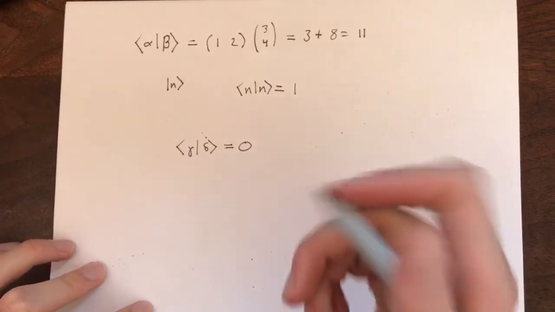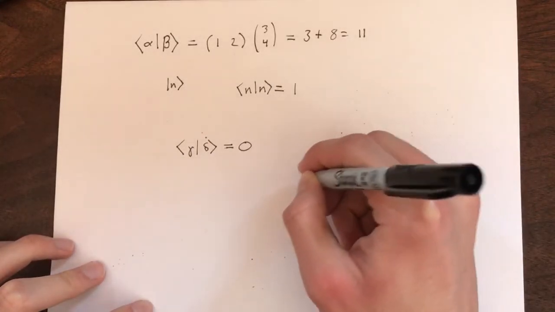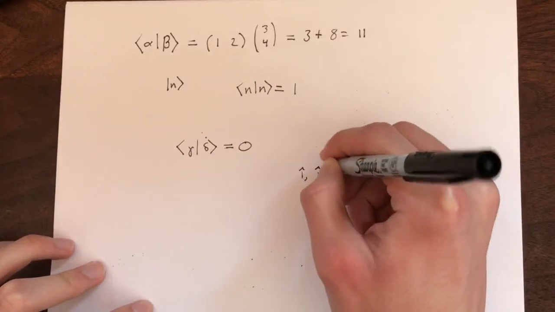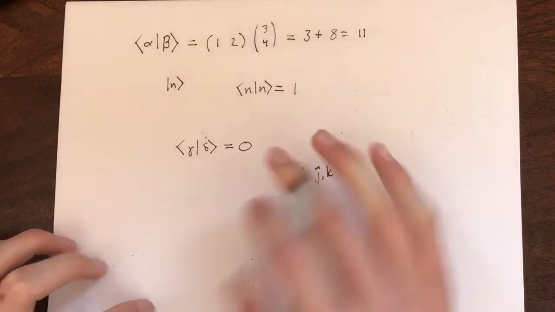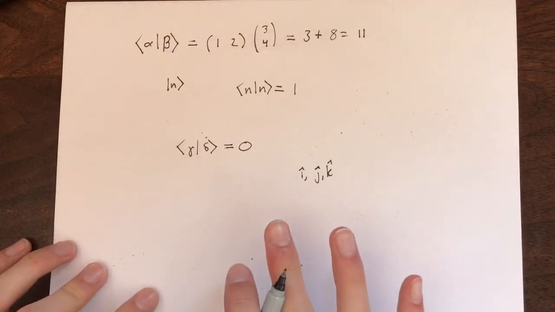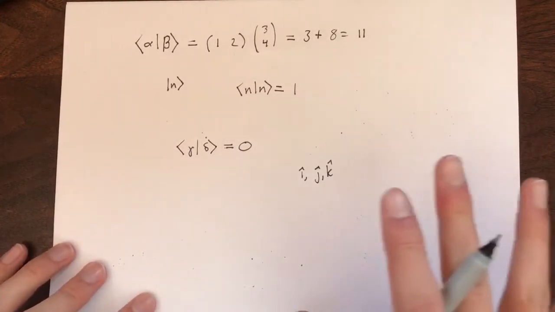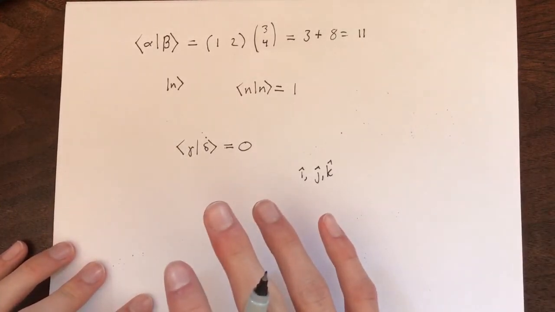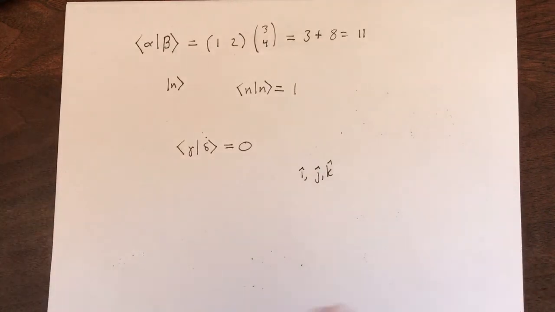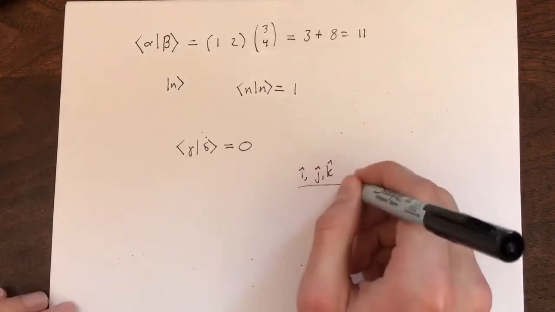It's kind of like the base vectors i, j, and k in real space, but they're different. We can set them up in a different way. And again, length 1 and perpendicular doesn't work in Hilbert spaces, but it's a good interpretation. So again, orthonormal. They're all perpendicular and they're all length 1, just like these guys in real space.